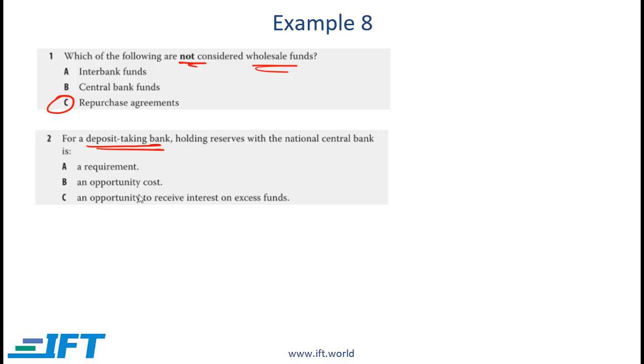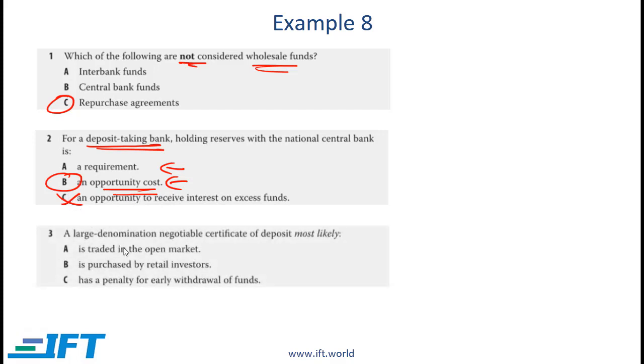Option C can be ruled out, and what we are left with is A and B. In many countries, putting money in the central bank is a requirement, but this is not the case in all countries. However, placing money in the national central bank definitely entails an opportunity cost, so B is the best answer.